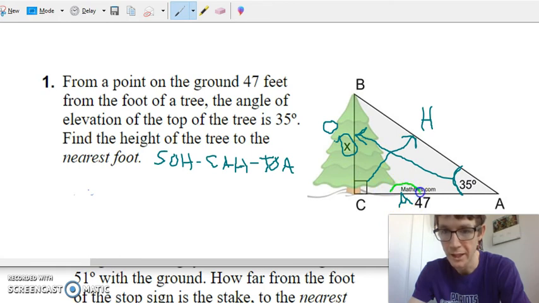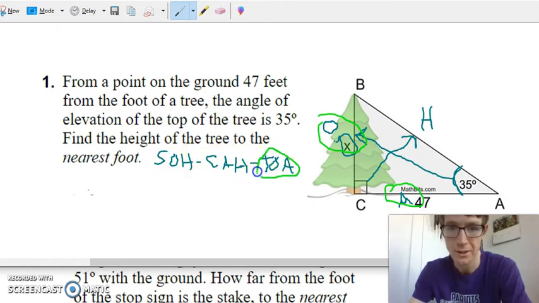So we want to use the one that has the adjacent and the opposite. Which of these has adjacent and opposite in it? That'll be your TOA. So we're going to use tangent. TOA stands for tangent of theta is equal to the opposite over the adjacent.